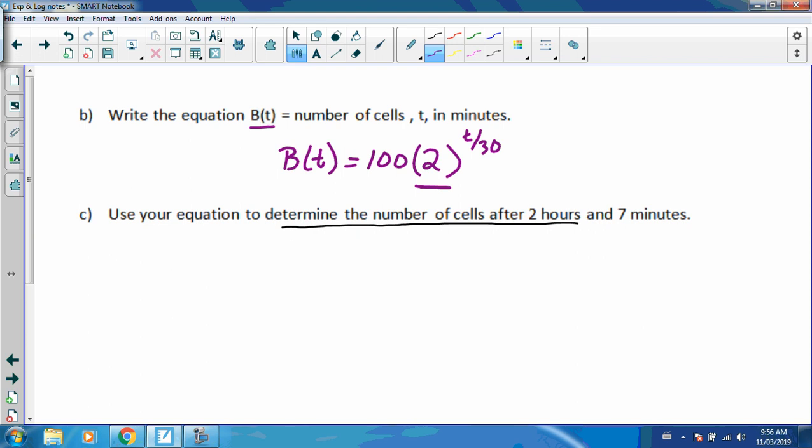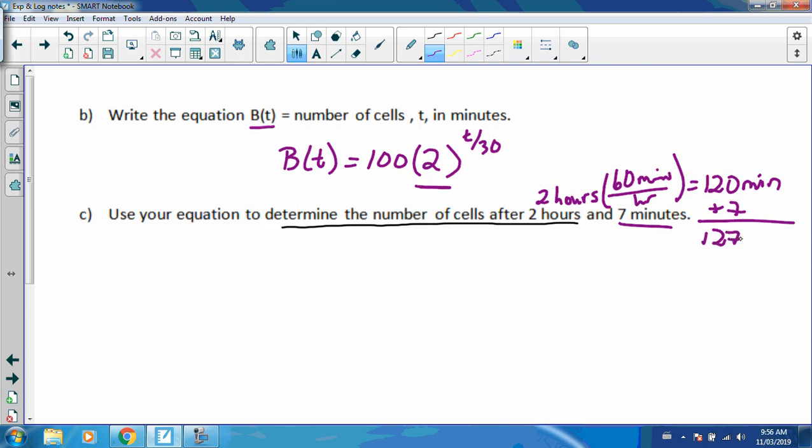And now we're asked to use the equation to determine the number of cells after 2 hours and 7 minutes. So let's see, 2 hours times 60 minutes per hour means 120 minutes plus this 7. So 127 is our value for T, and that's going to go in here in our equation.